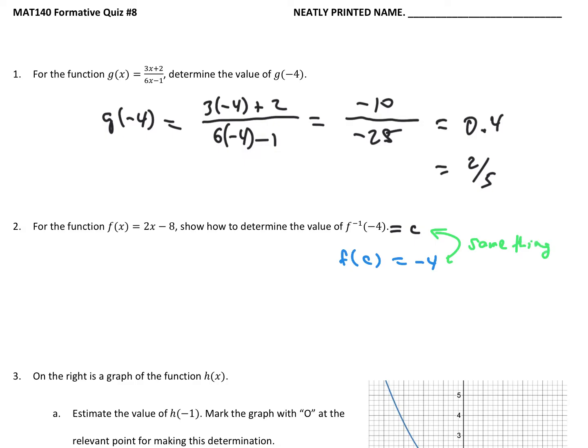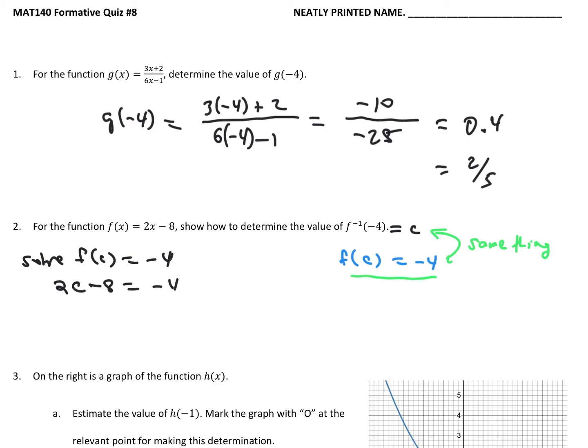But finding a value of c so that f of c equals negative 4 is something that we've done before. So I just kick into that mode. I'm now just going to find the c, so I'm solving the equation f of c equals minus 4. F of c means 2c minus 8, and that equals negative 4.